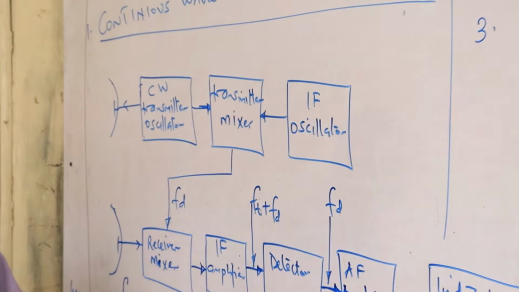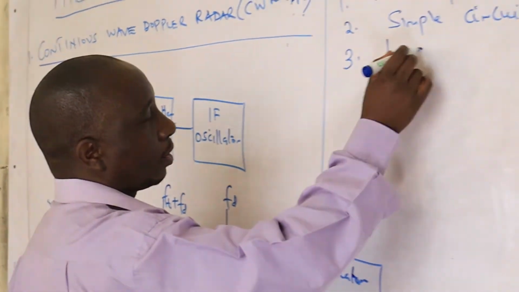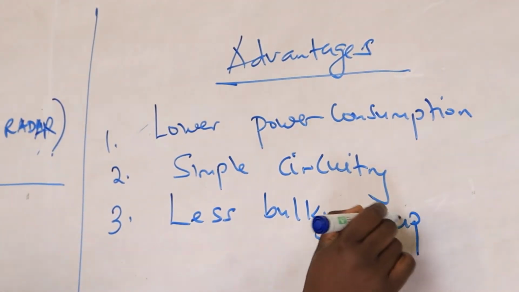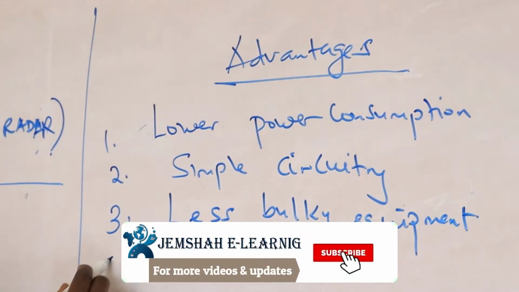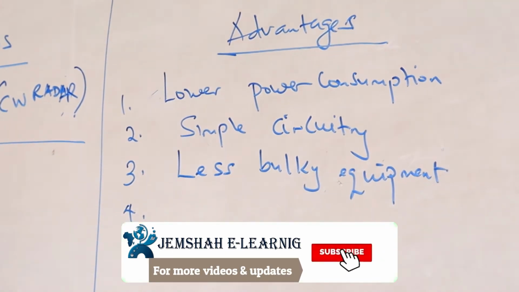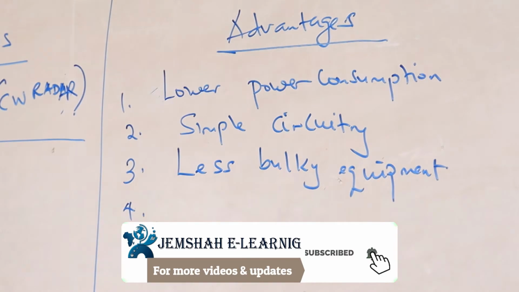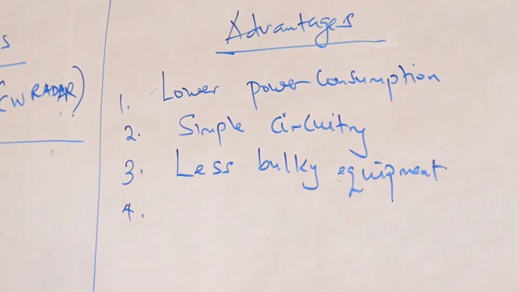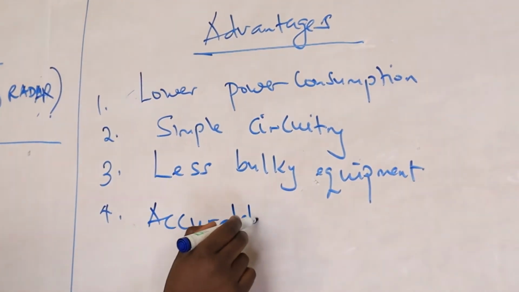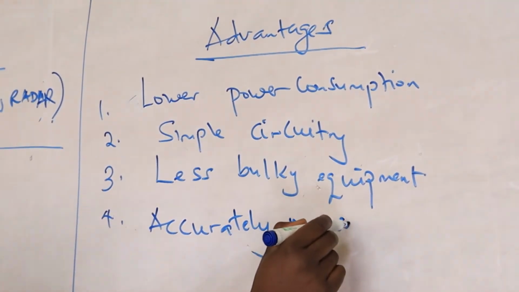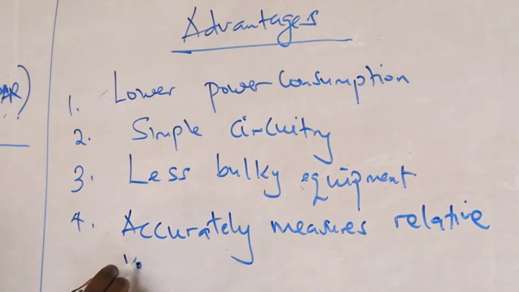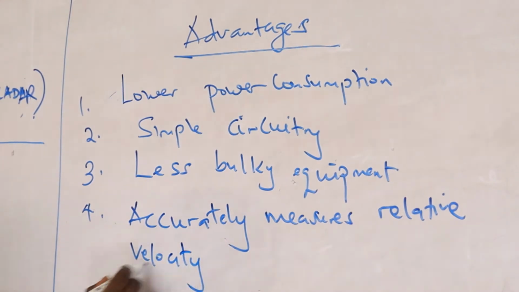Number three is less bulky equipment. As we compare with different types of radar systems, we shall be able to realize that. Number 4 is that it accurately measures relative velocity.